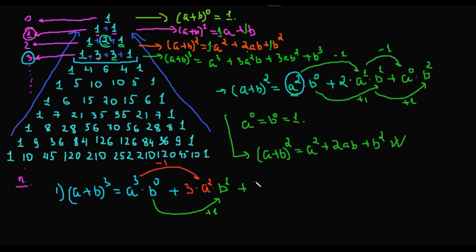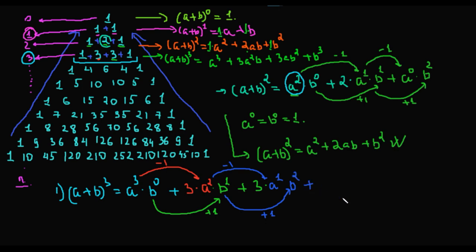So let's write 3 times, and from that point a is again decreased by 1, so it should be a to the 1, and b plus 1 should be b squared.